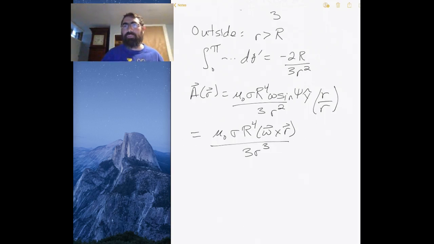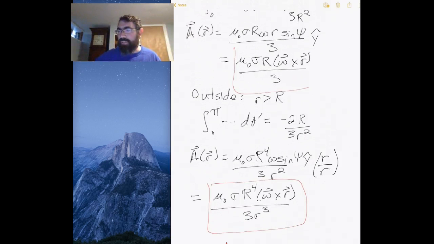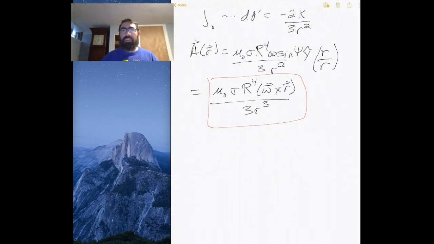So we now have the two forms, the solution for our magnetic potential, outside and inside, and both of them are proportional to the angular velocity crossed into the distance r.